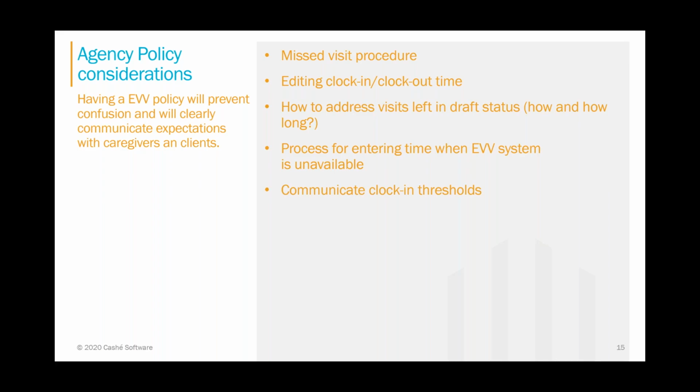Communicate the different thresholds that are available. In our system, you can establish when units are running out for a service. We have a threshold that says, hey, you're close to running out, and that's a warning. They can still clock in, but it's a warning that you're going to run out. And finally, when units do run out, it will stop people from clocking in. You can adjust when this happens, and these are percentages.